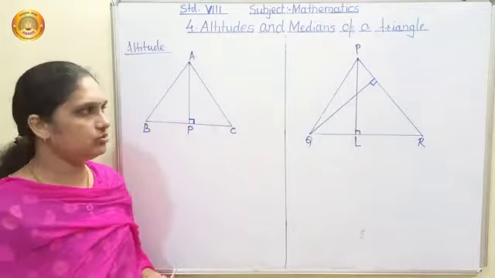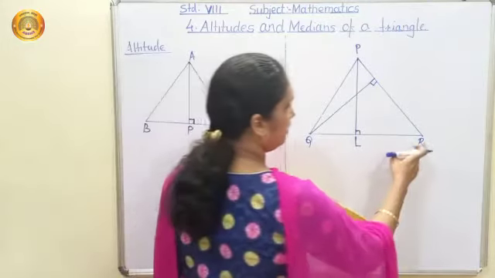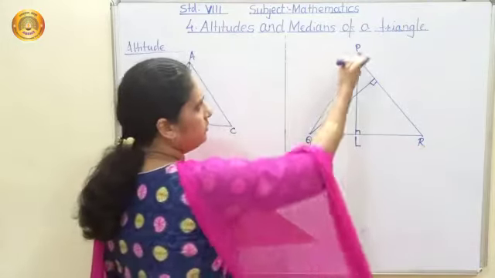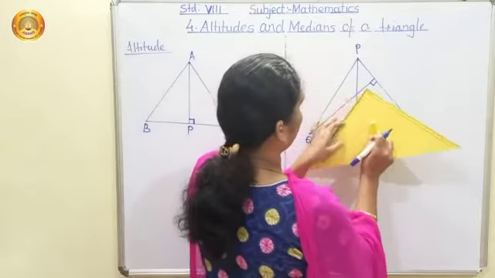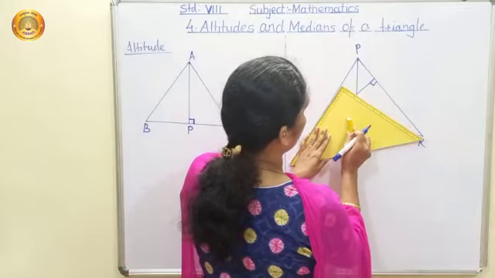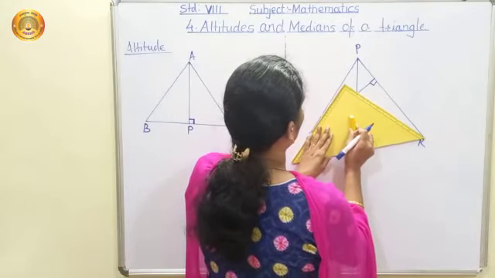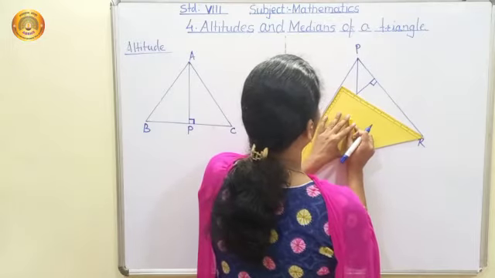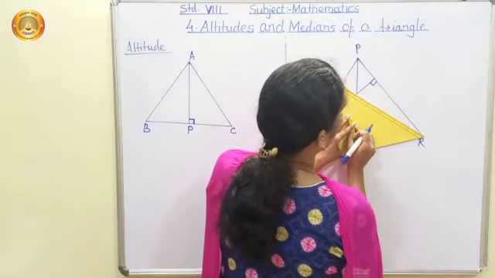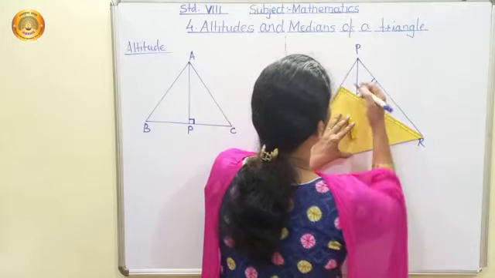Now the third also we can draw. So now I'll take vertex R and side PQ. So see, again one side along with PQ and the other side along with R. Arrange it perfectly. And now draw it.